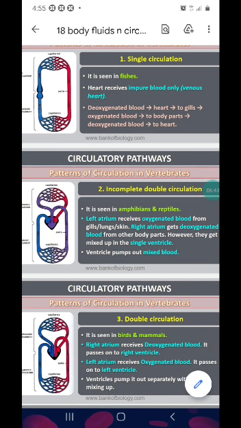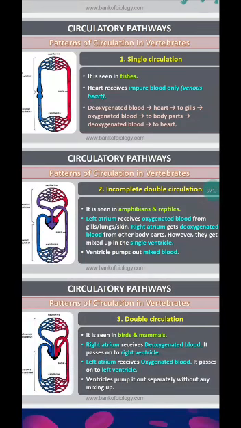Remember children, the right side of the heart receives deoxygenated blood. Okay, and the left atrium receives oxygenated blood from all parts of the body. Okay, and from these 2 areas, from the atria, the blood passes down into the ventricles, where the blood doesn't get mixed up.